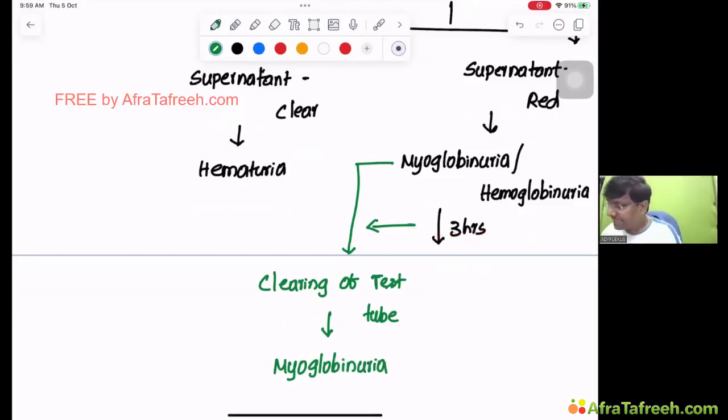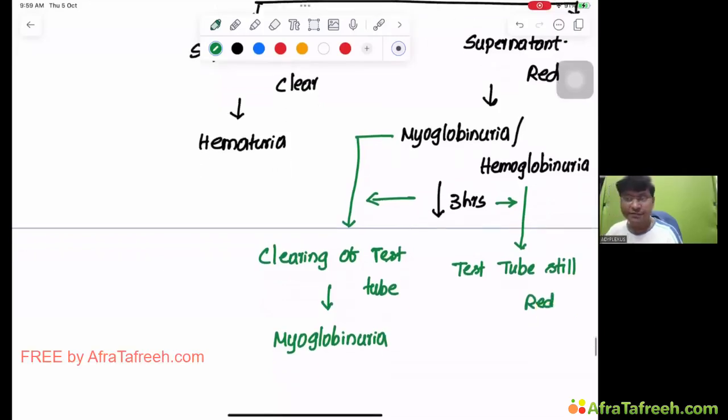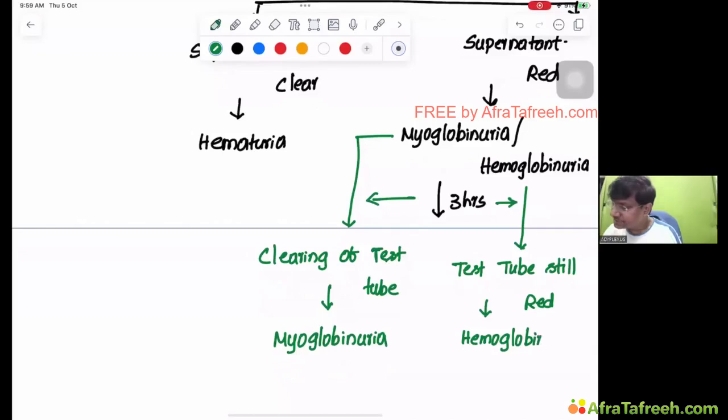In spite of 3 hours, if the test tube is still red, it is considered as hemoglobinuria.